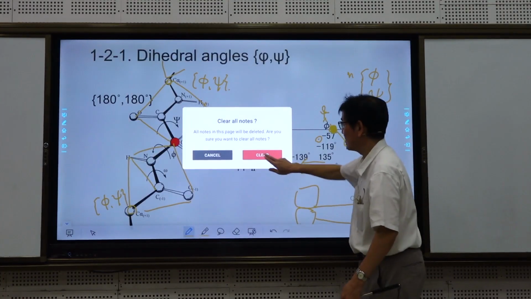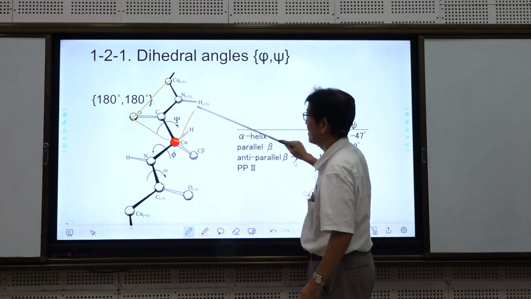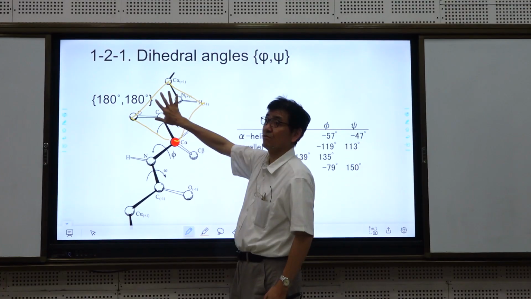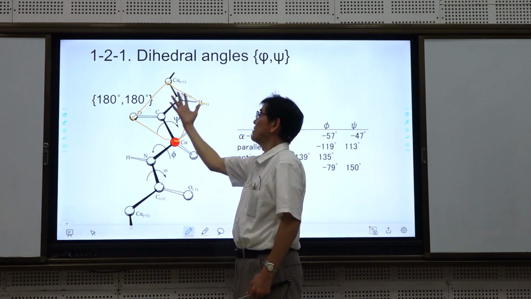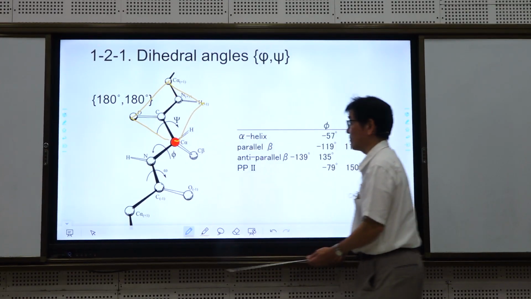Okay. It's convenient. This is possible because we are sure this is a plane. So only by specifying the rotation angle, we can exactly describe the extending direction of the peptide main chain.